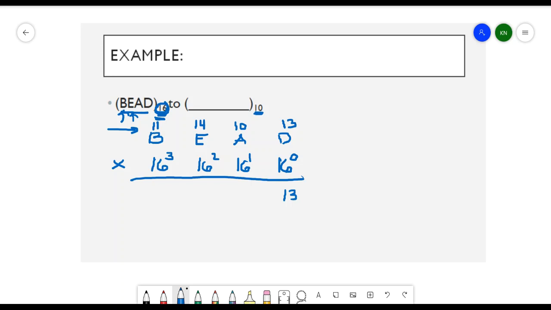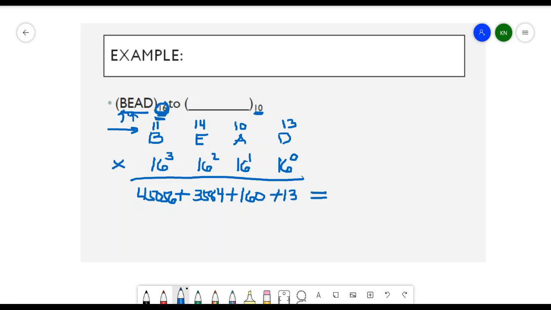16 raised to 1, that is 16, multiplied by 10, that is 160. 16 squared multiplied by 14, that is 3,584. Next, 16 cubed multiplied by 11, that is equivalent to 45,056. Now you just need to add all of the weights here.